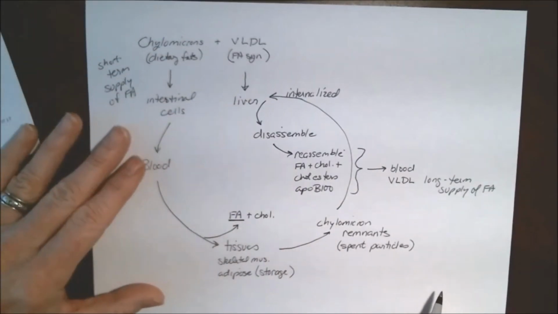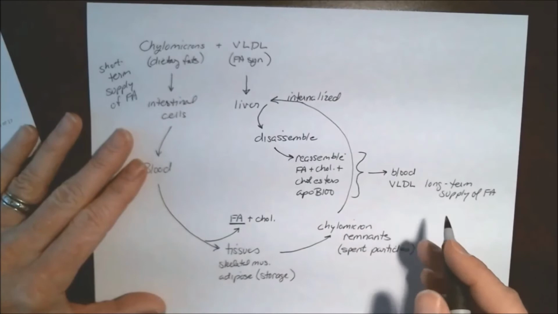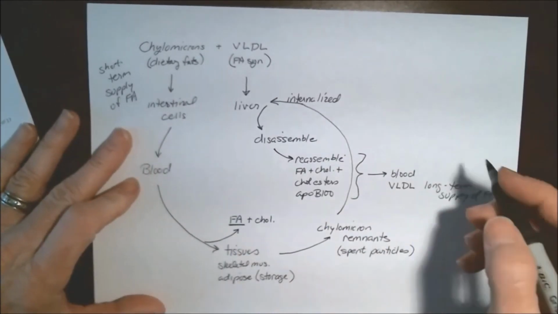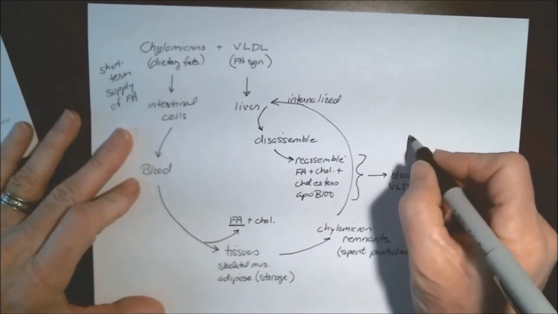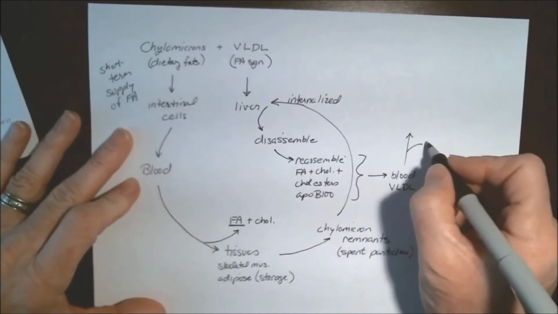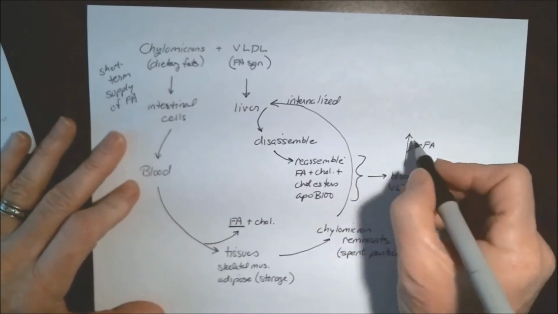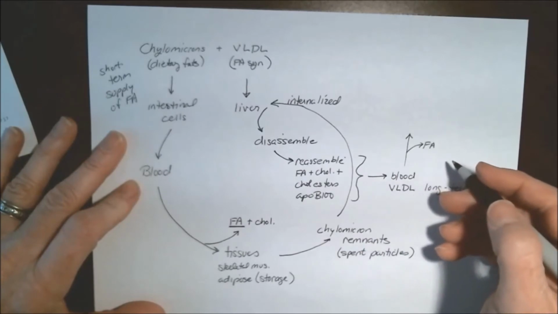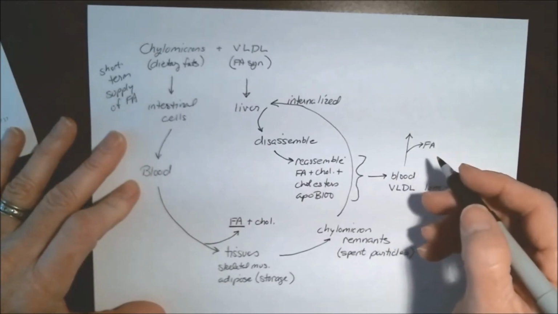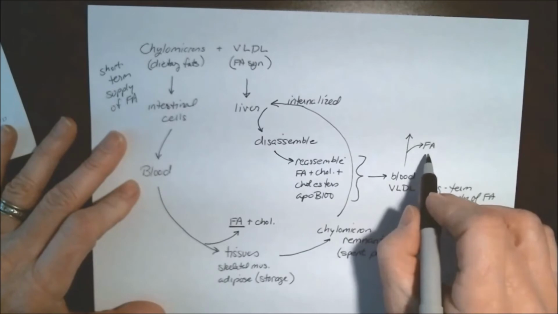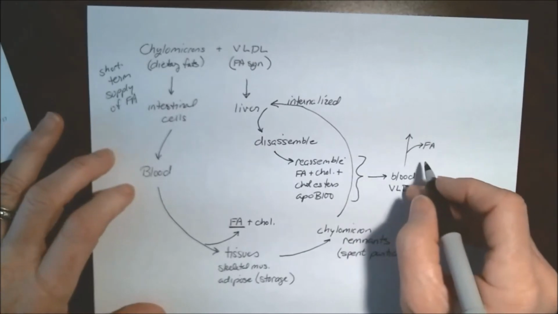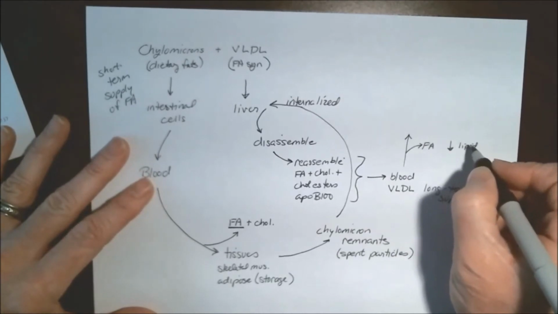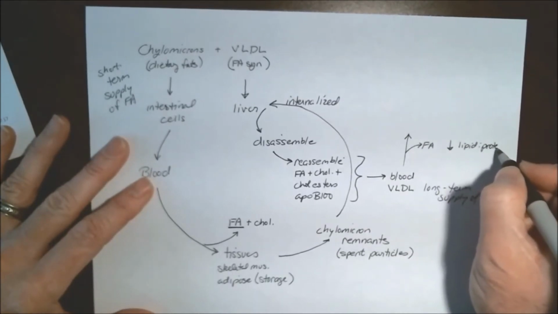Now, once the VLDL enters the blood system, it is going to be processed just like the chylomicrons were. We are going to be extracting fatty acids as it circulates in the blood. And then with the continued processing, which means the lipase activity we'll see in the next video, to release these fatty acids from VLDL, the particle size will decrease its lipid to protein ratio.